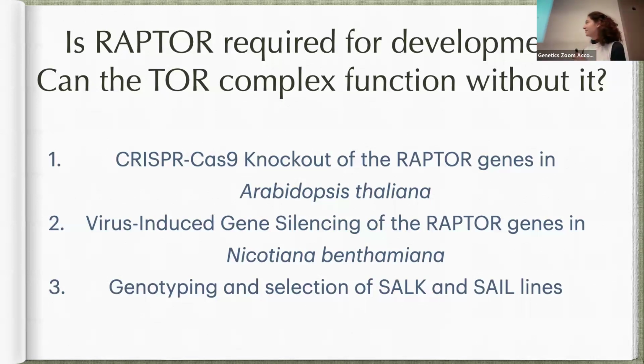So that's something that I will definitely be testing. The second is virus-induced gene silencing of these genes in Nicotiana benthamiana, so in a second model system. And then I'm also going to be doing, or am doing, genotyping and selection of Salk and Sale lines, which I'll talk about at the very end.